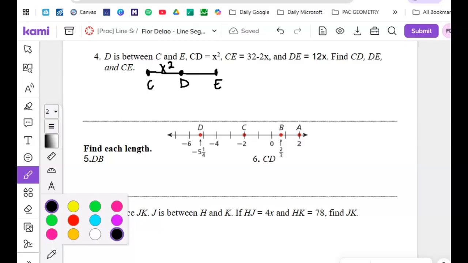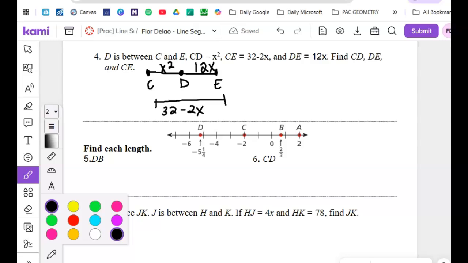CE is 32 minus 2x, so that is the total. Okay, and then DE is 12x. Before we write the equation, everybody good with the parts?